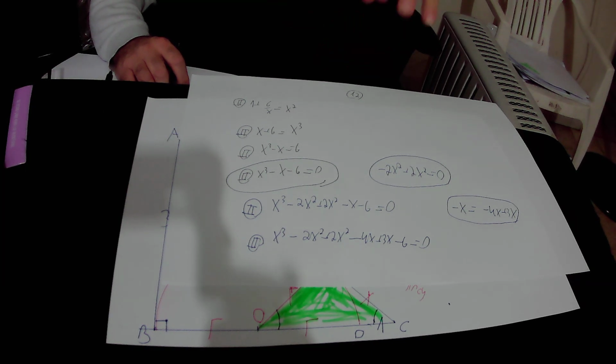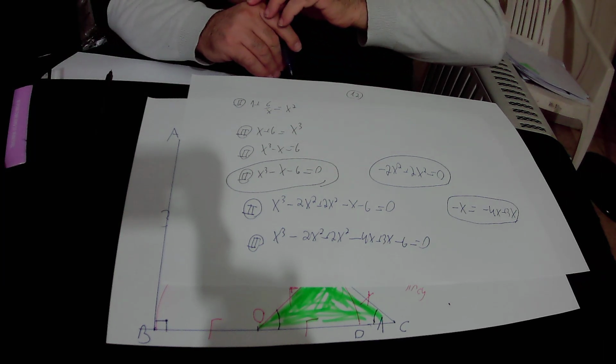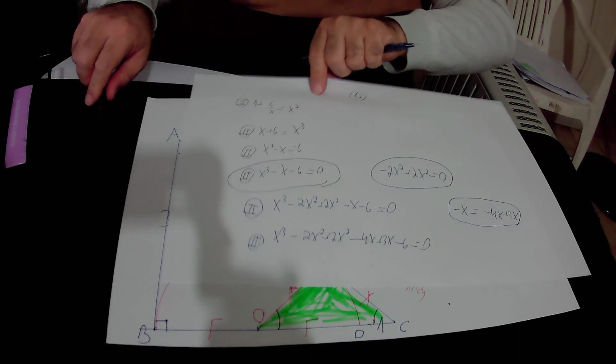Here we will divide equation number 2 into 3 parts, and we will take a common factor out of each of the 3 parts. Okay, so first of all we will divide equation number 2 into 3 parts.